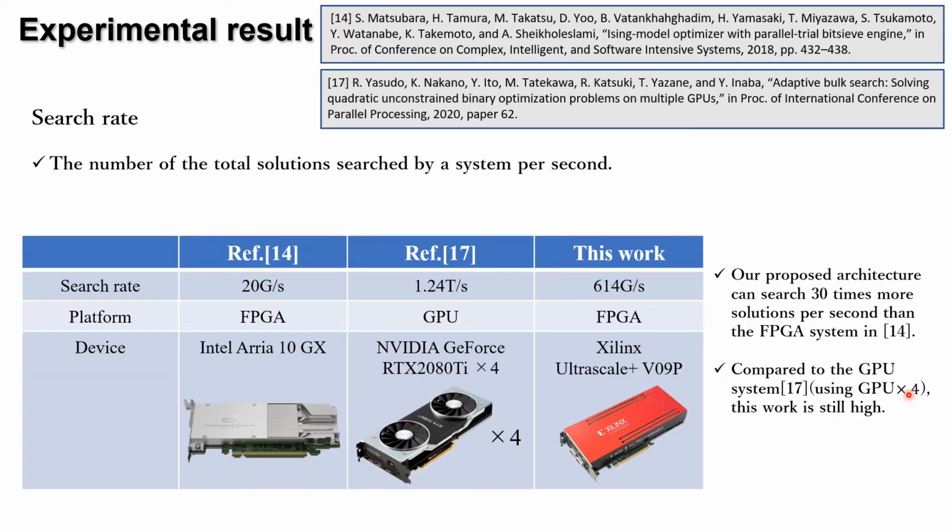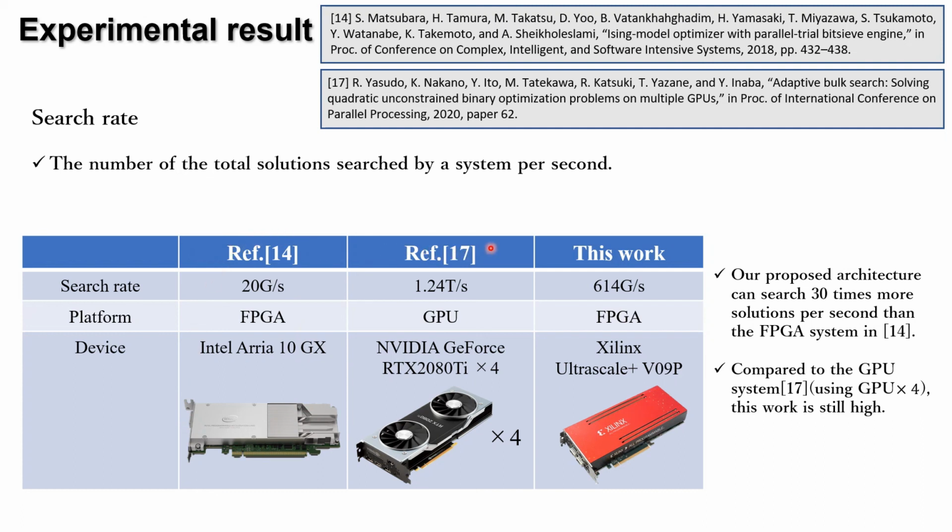Next, we evaluate the search rate, that is the number of total solutions searched by a system per second. For a 1 kilobit problem, our proposed system attains 600 giga evaluations per second, which is 30 times faster than this work.